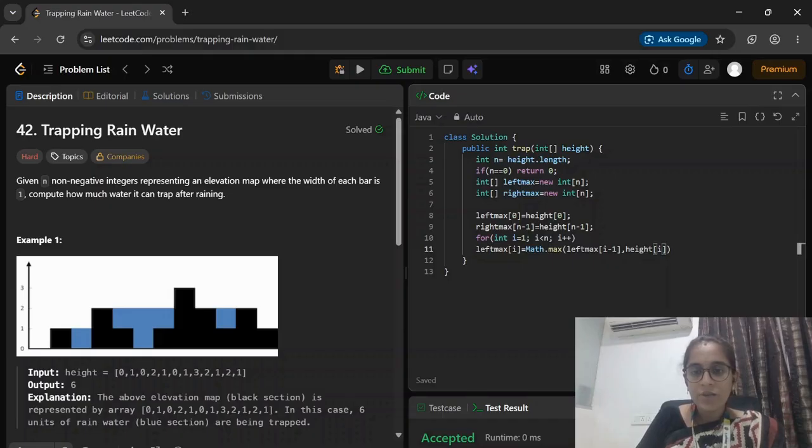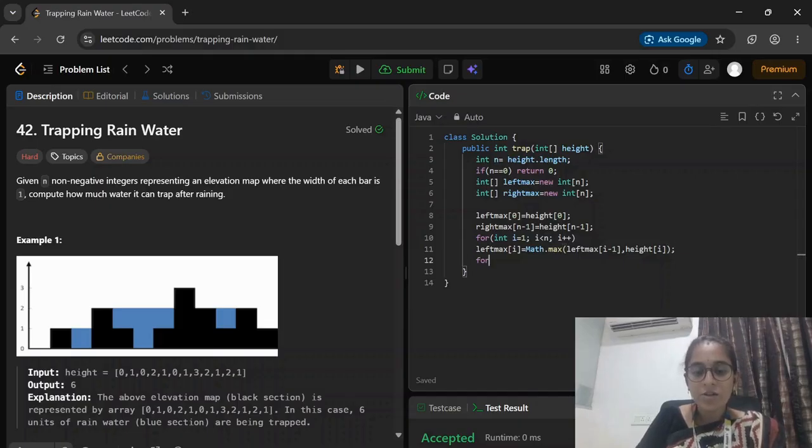It compares the left side only. So the i minus 1 position and the current position are compared, and it calculates which one is maximum. So in the left array we always concentrate on the left side position, and it takes the maximum value of height.